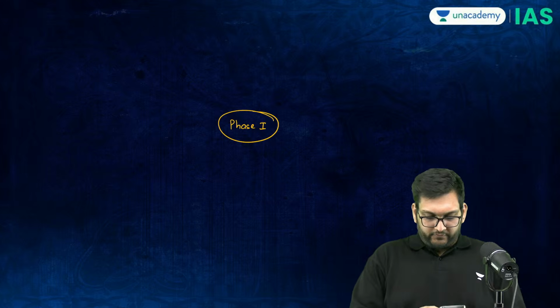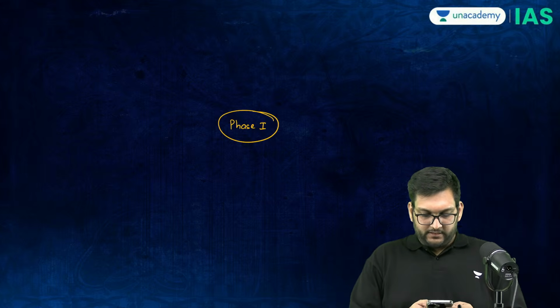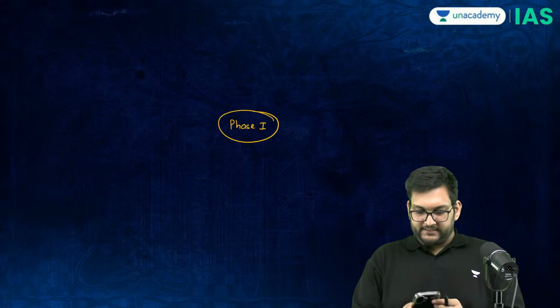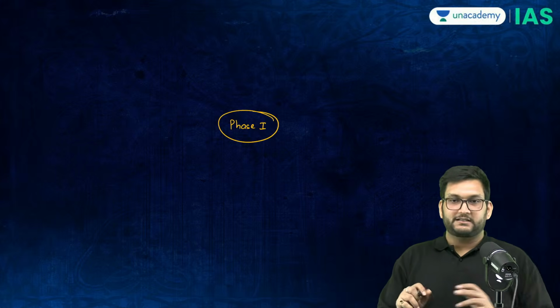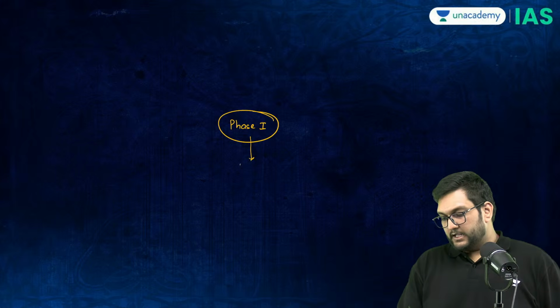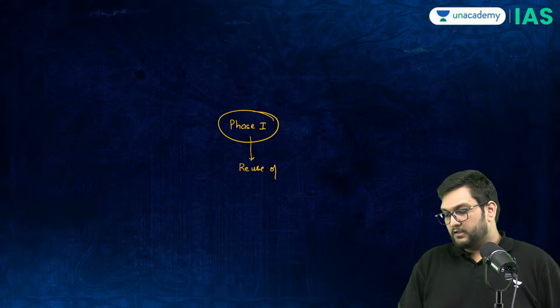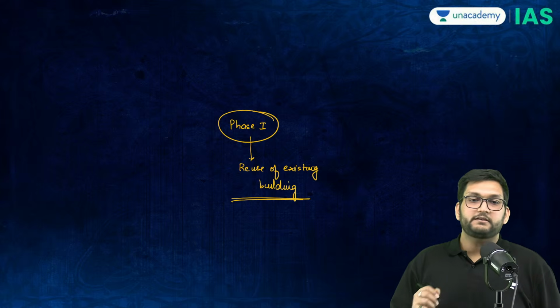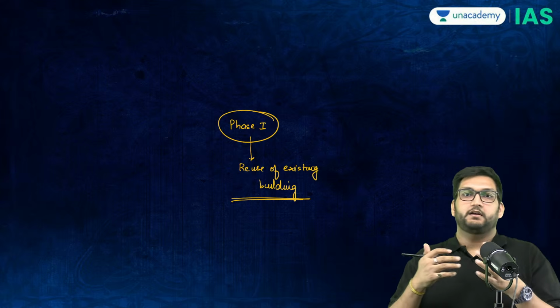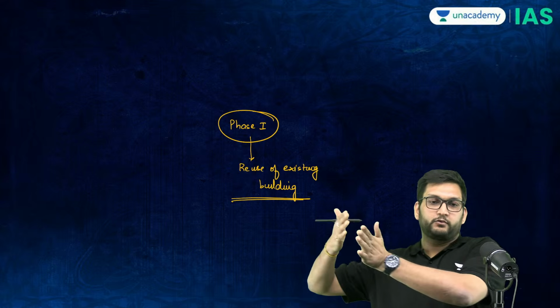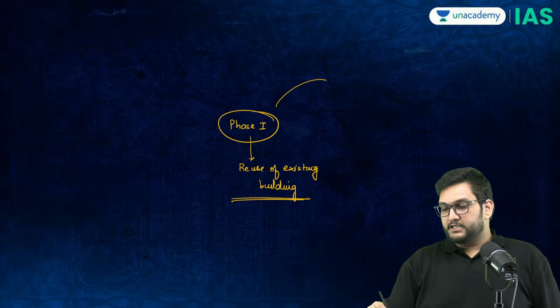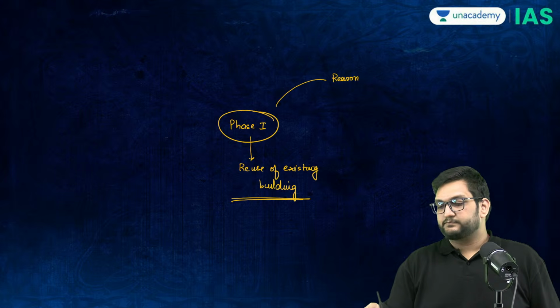And when we talk about phase one, the idea is very simple, that it is a phase which is marked by reuse of existing buildings. Now, you should also know the reason, because that would be a certain aspect which you may have to write in the examination. The reason for that is political instability.